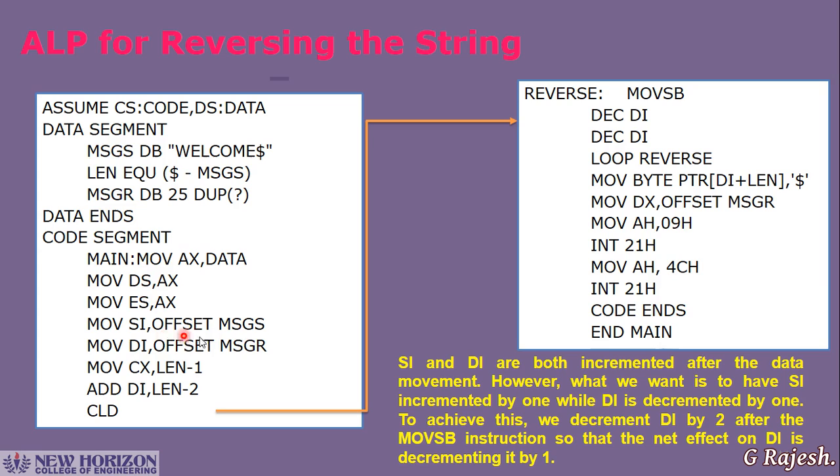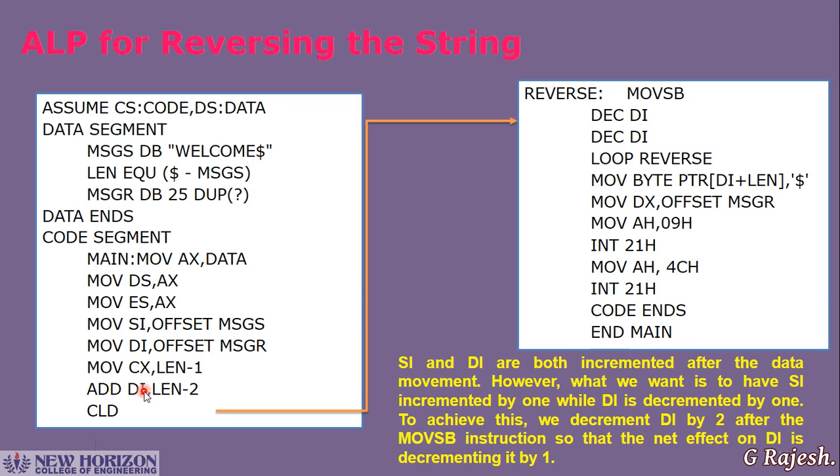Then SI is moved to msgs, and DI, which is the destination, is moved to the offset address of msgr, and MOV CX, length minus 1. Why are we taking length minus 1? Because this $ sign is the termination of the string.